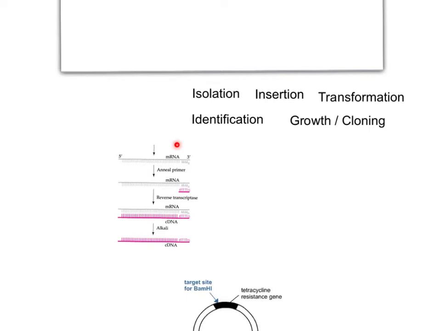And what we need to do is to add a primer to that messenger RNA molecule, and then this very useful enzyme, reverse transcriptase, which we talked about before, makes a copy of the DNA. Notice that this DNA is only single-stranded, so we then have to add another primer, and then DNA polymerase to make our double-stranded molecule of DNA.